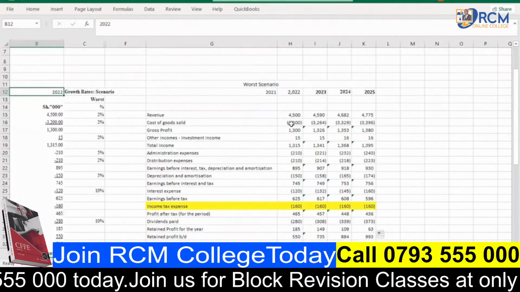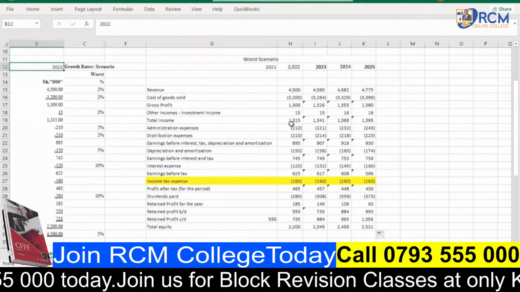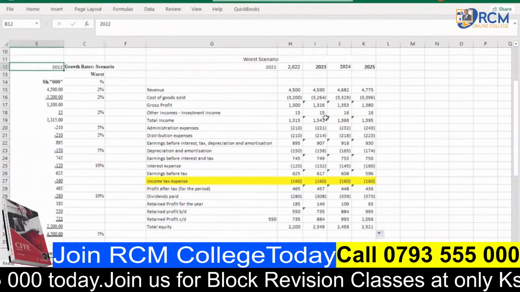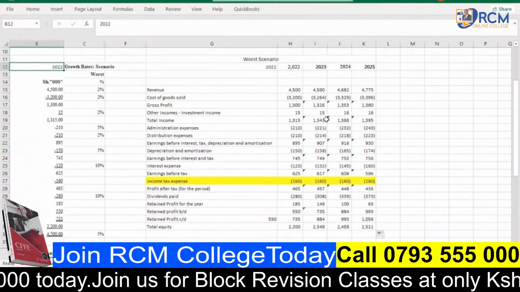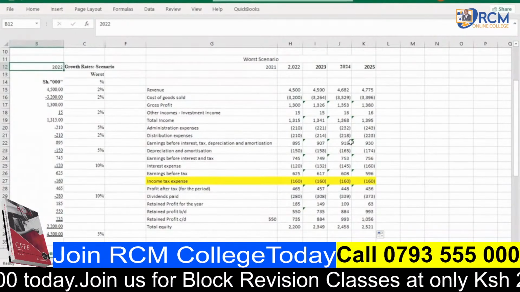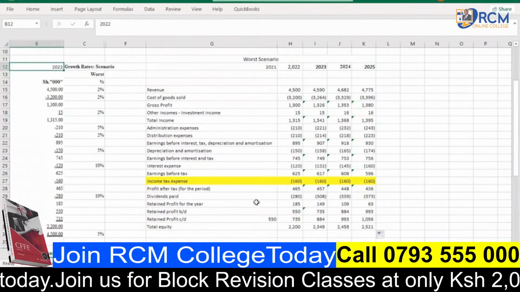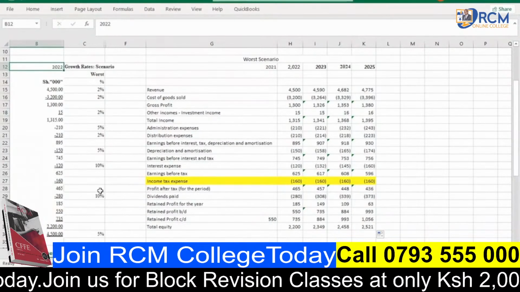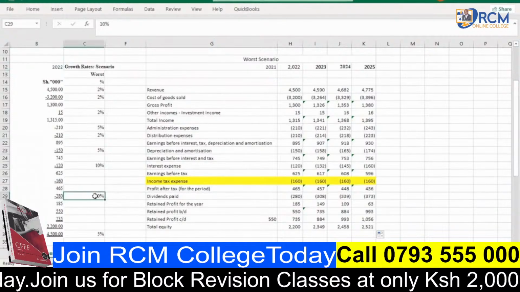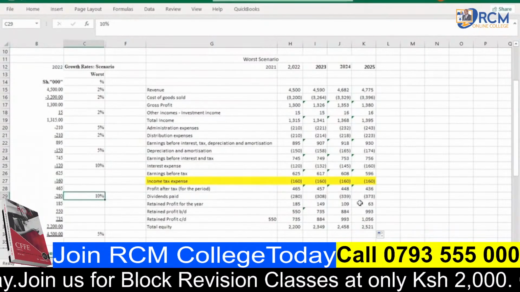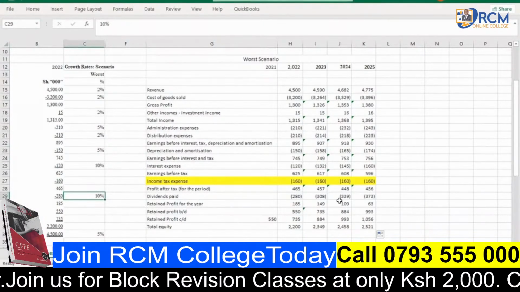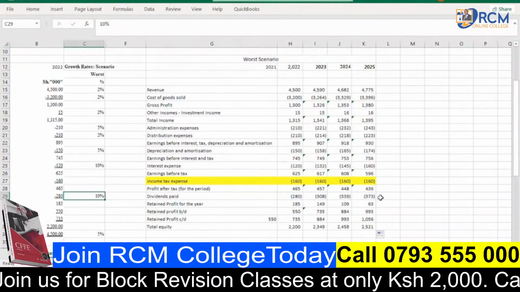Sasa kazi kama hii nikikwambia ufanye uweke kwa email, itakuwa kazi ngumu kweli? Okay, so dividends you are given percentage increase. Dividends ulipewa percentage increase. Sasa hiyo haina shida. You just take the percentage increase and then you work it out.